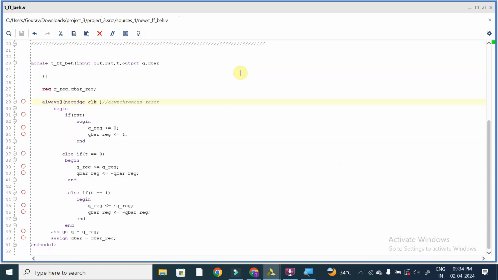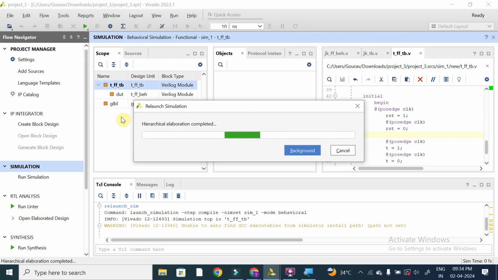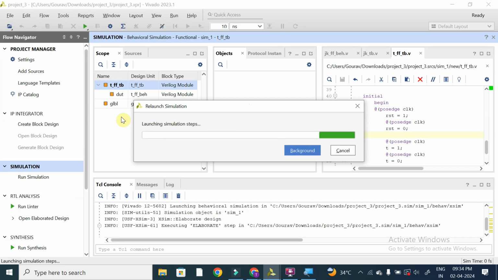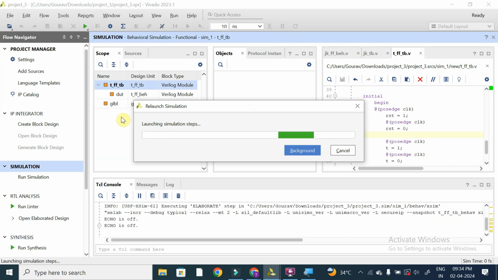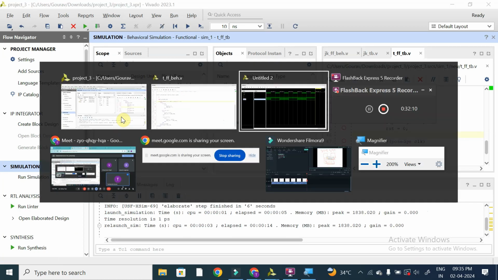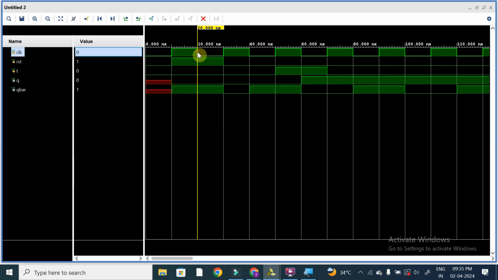Now if we apply reset in this argument, let's see what happens here. Initially we are applying the reset, but our output is getting 0 only at the negative edge.